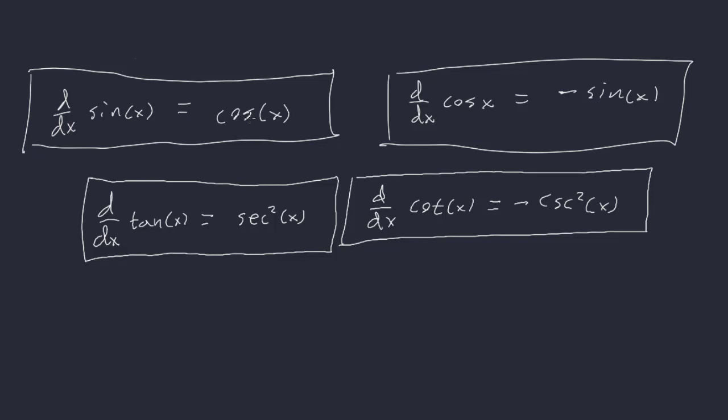So sine goes to cosine, but cosine is negative sine. Tangent gives us secant squared, but cotangent throws in a negative and makes it a cosecant squared. This pattern is going to hold for the next two trig functions as well.